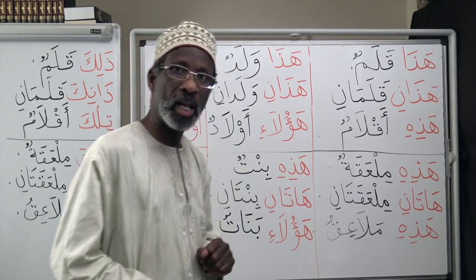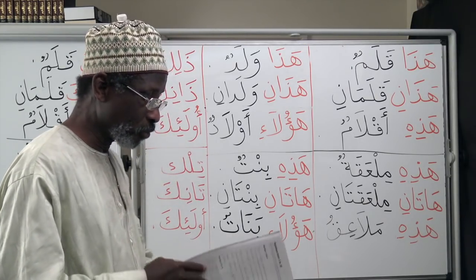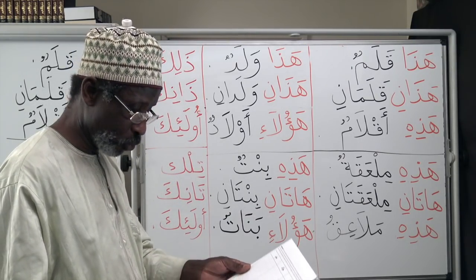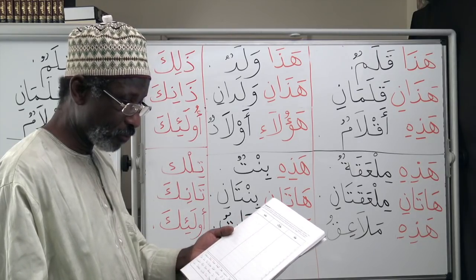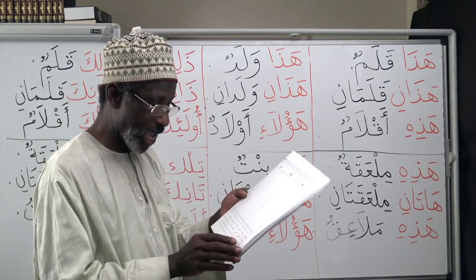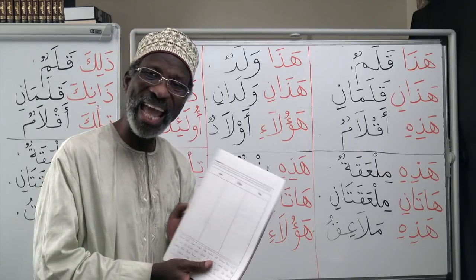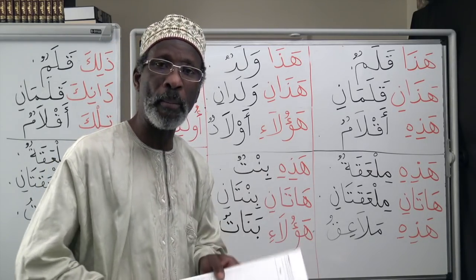That is the summary of the demonstrative pronoun, how to use it in plural format. So study page 43 as well as page 44, and do exercise 32 for me.